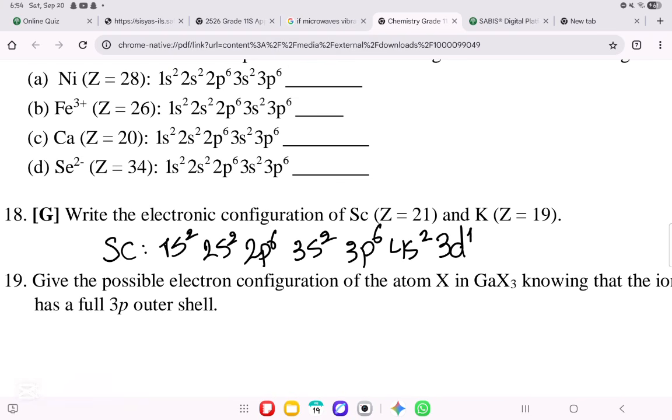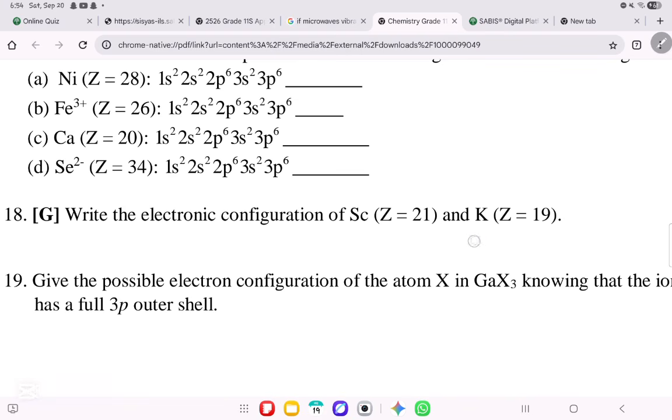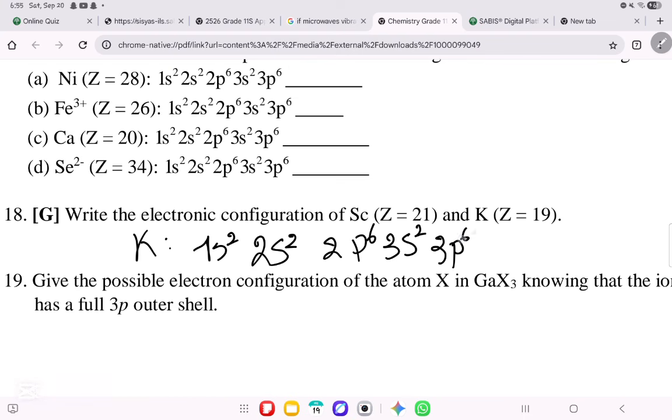Now for K: 1s2, 2s2, 2p6, 3s2, 3p6, 4s1. Let's add them all to see if we have 19. So 2 plus 2 plus 6 plus 2 plus 6 plus 1, 19. Perfect.